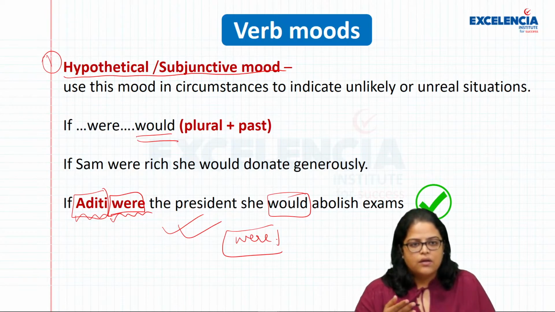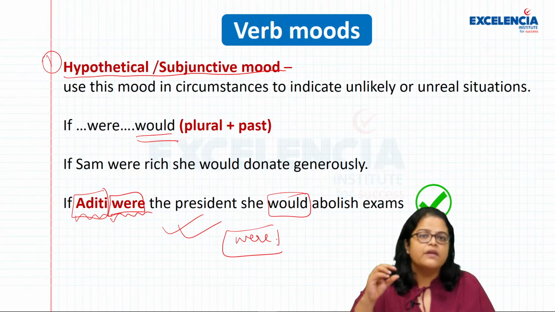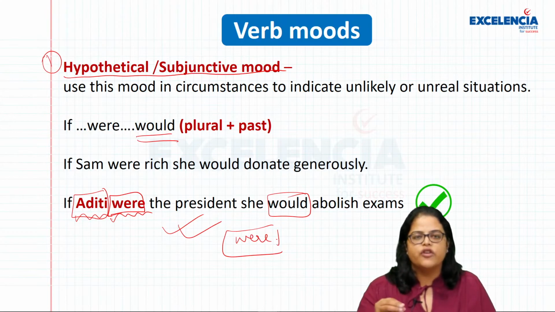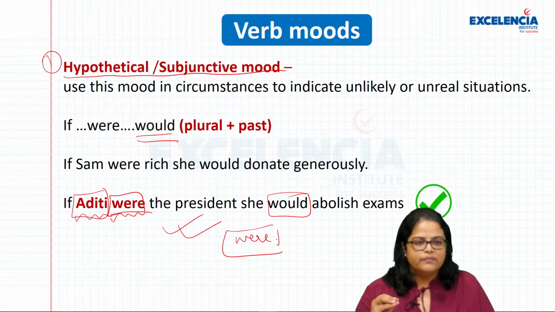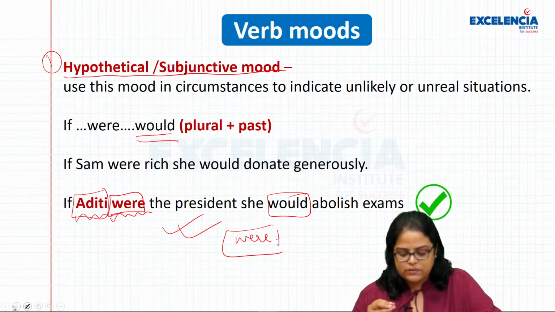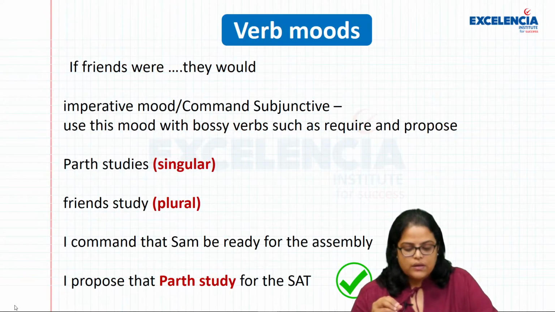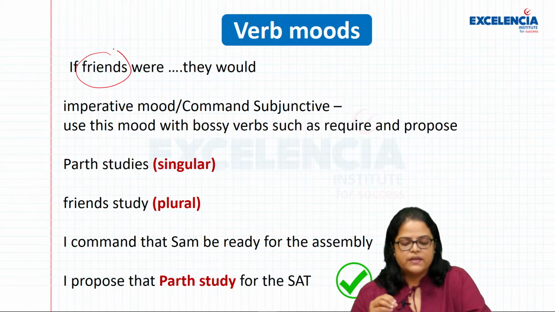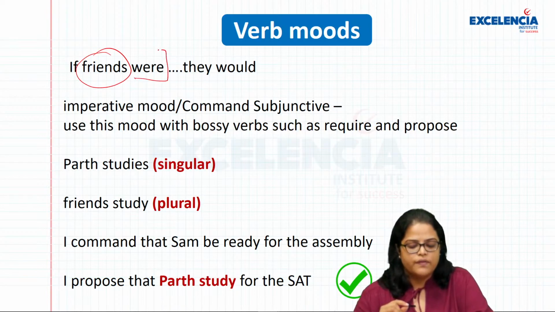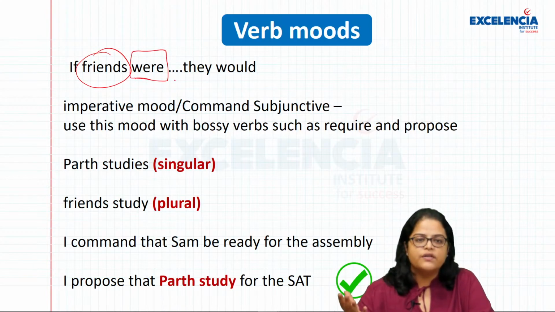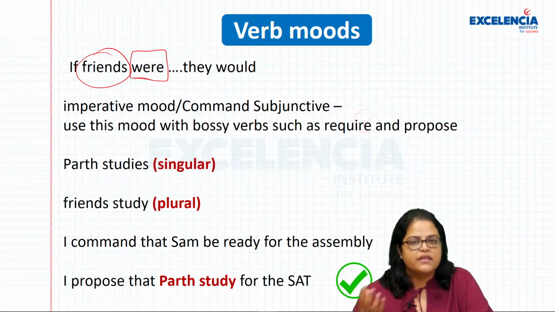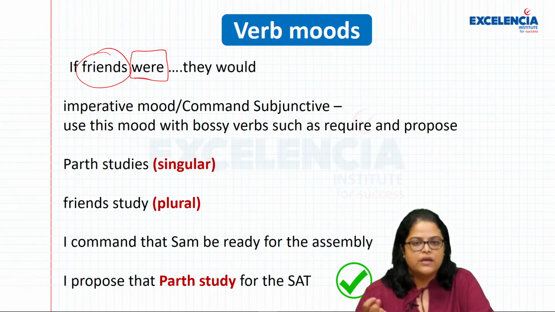So whenever it's hypothetical, even if I'm using a singular subject, guys, I use a plural verb, and that's were. Irrespective of whether it's a singular or plural subject, I always use a were. So if friends were rich, they would donate more generously. If Aditi were rich, she would donate more generously. So irrespective, I'm always using a plural verb.